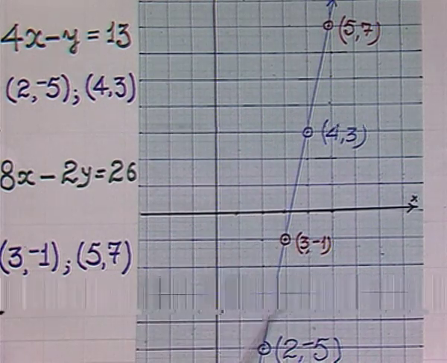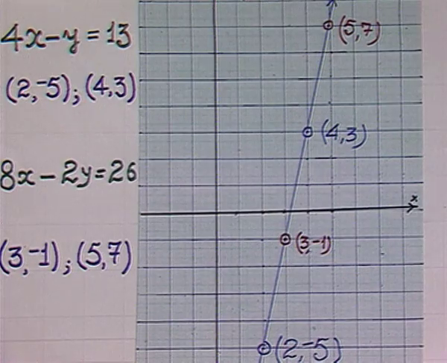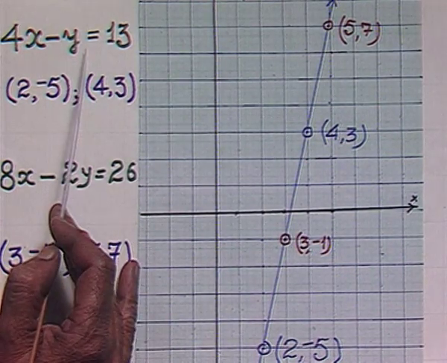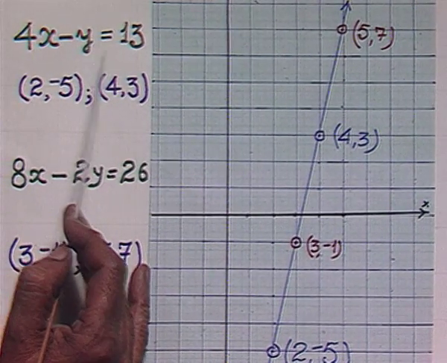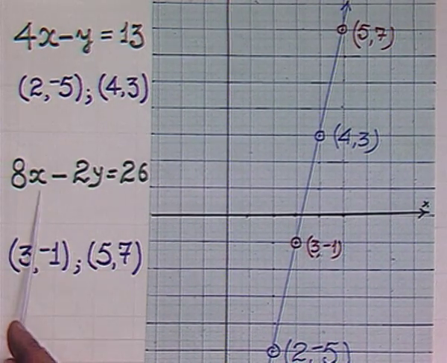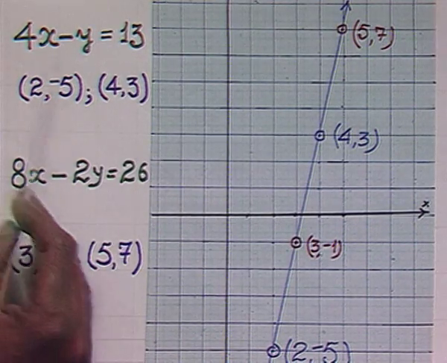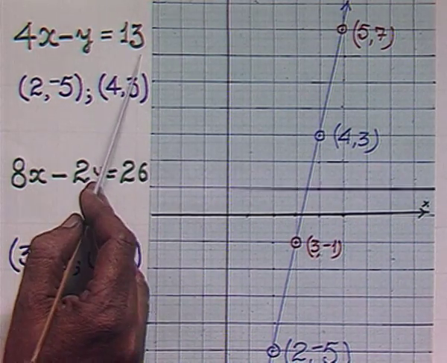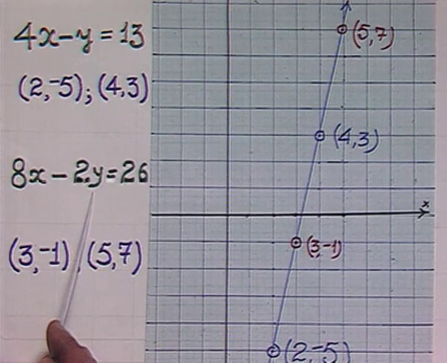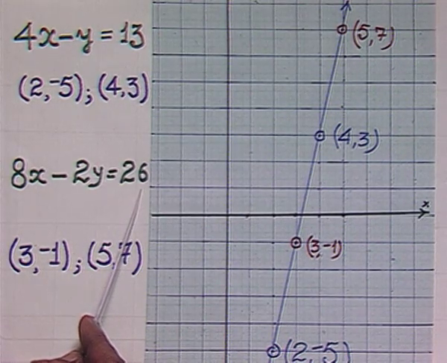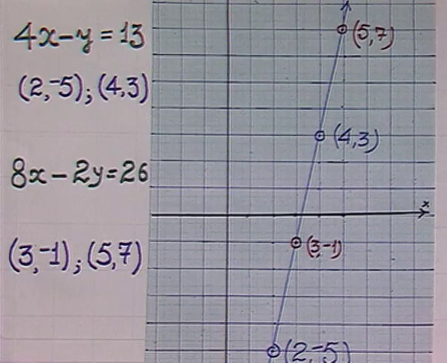There are infinite ordered pairs, and all those ordered pairs will be satisfying both the equations, 4x minus y equals 13 and 8x minus 2y equals 26. So this system has infinite solutions. So here we plotted the graph for two systems.